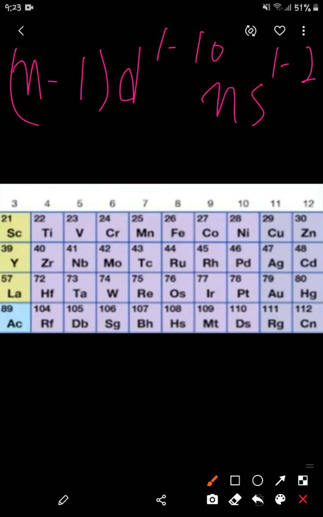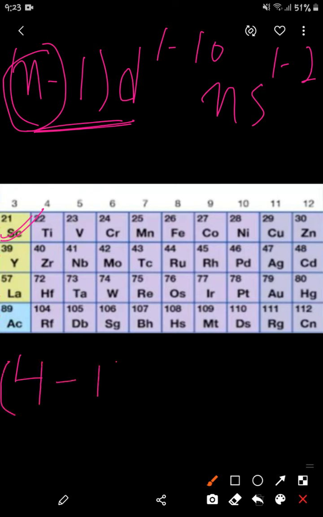You know that n stands for period number. The period number here is 4, and 4 minus 1 is equal to 3, so this first series is known as the 3d series.